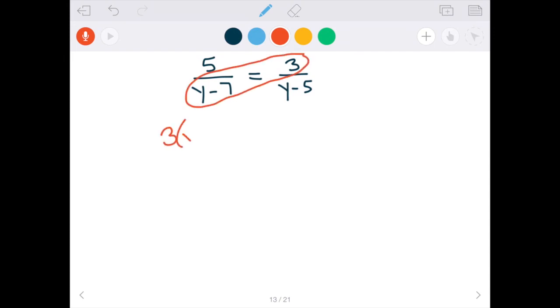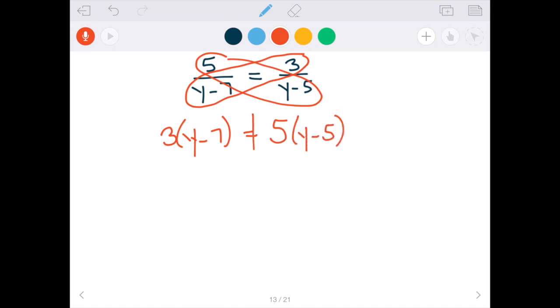proportion. So 3 times y minus 7, and then 5 times y minus 5. Distributive property on both sides, 3y minus 21, 5y minus 25.